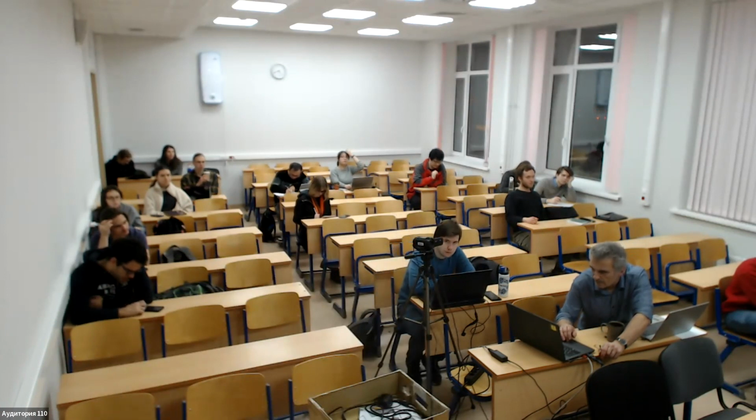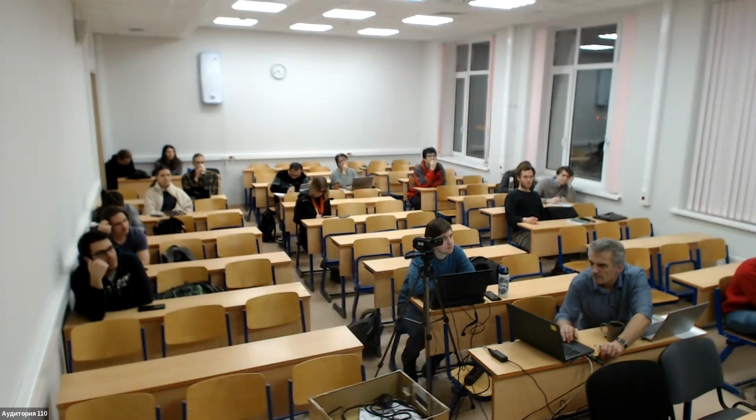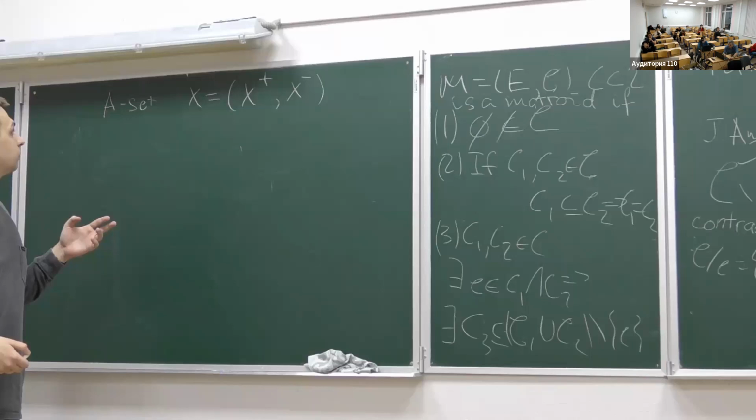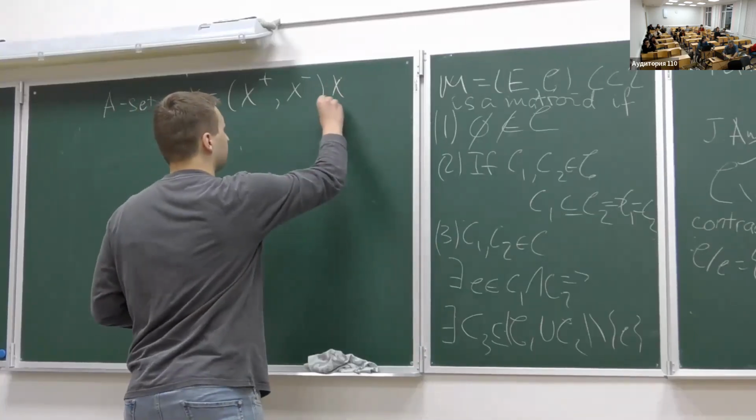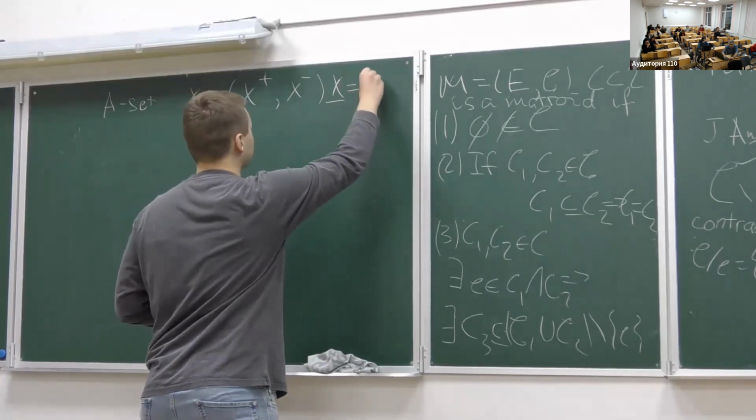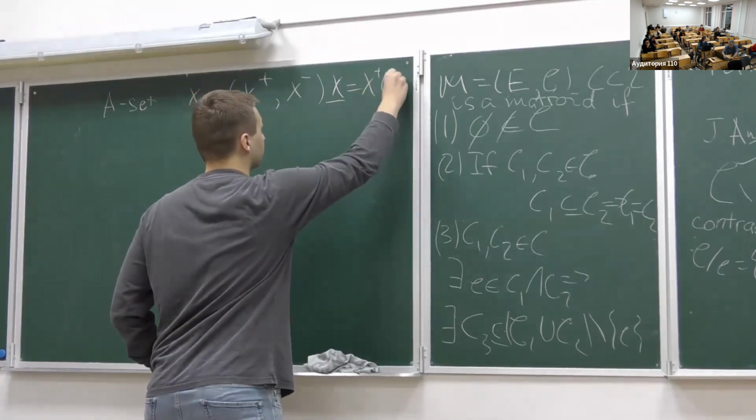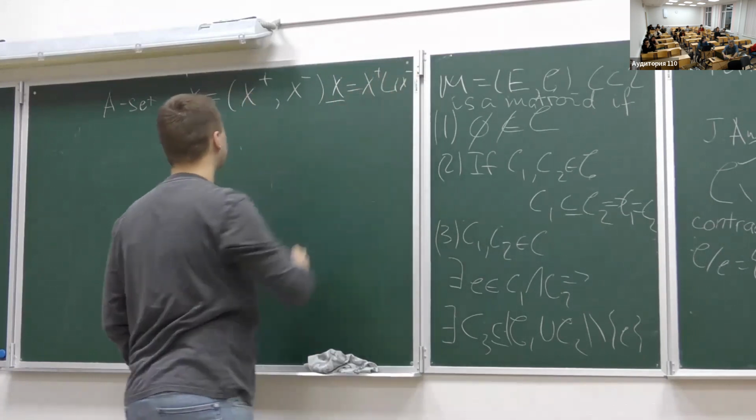Here we use the letter A to denote the base set. So X plus and X minus form an ordered pair of subsets of A, and they are disjoint. And we call the union the support of this.